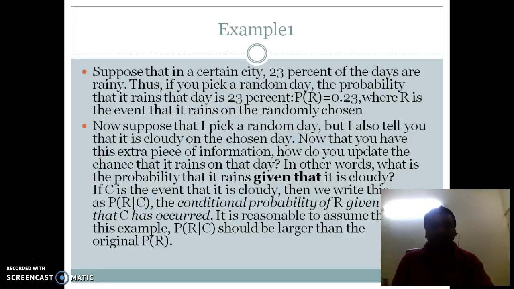If C is the event that it is cloudy, then we write this as P of R given C, the conditional probability of R given that C has occurred. It is reasonable to assume that in this example, P of R given C should be larger than the original P of R.